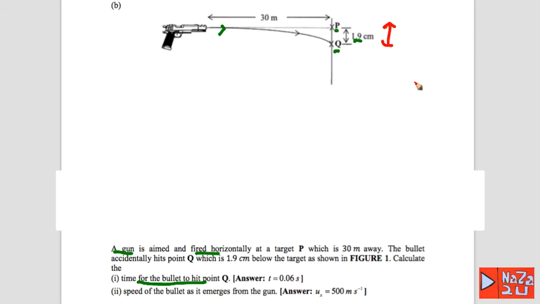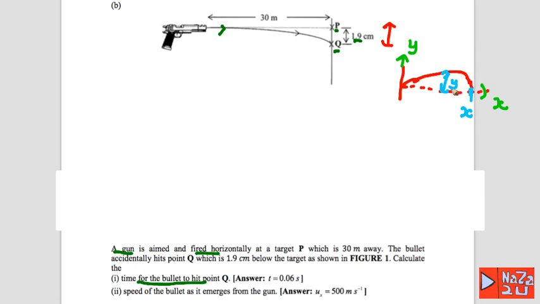If the object moves horizontally, let's say this is the x-axis and this is the y-axis, the time taken for the object to reach the point is equal to the time taken along the y-axis.